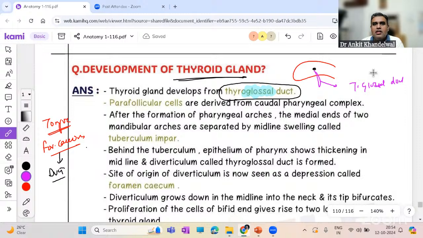If you know the origin, then you can understand there can be multiple congenital anomalies from the tongue to the neck, which can be common variations also.